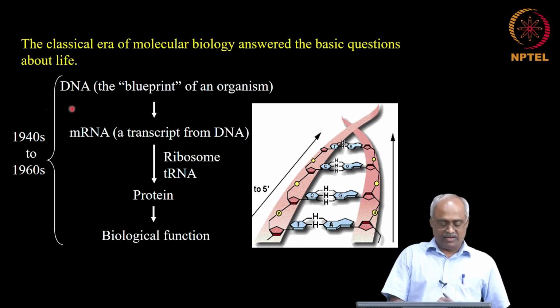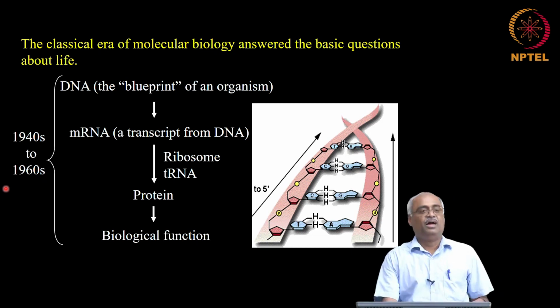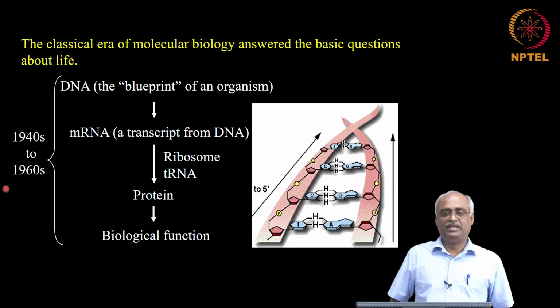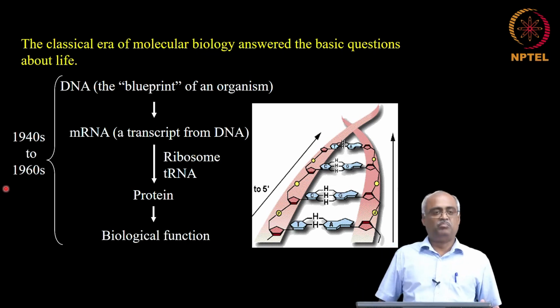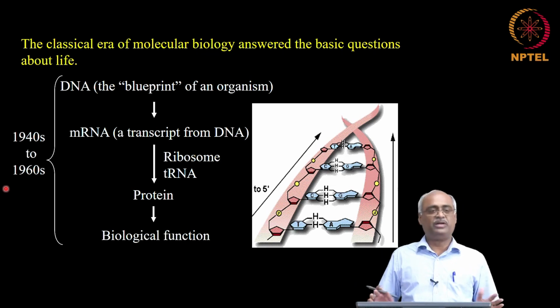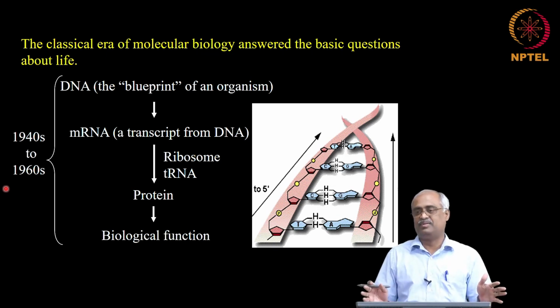This classical era of molecular biology answered some of the central questions, like what is the genetic material? We know it is the DNA, and we know how that gets copied for replication, and then that information is copied into mRNA and then translated into protein, and proteins do the function. So this is largely answering biology at the cellular level quite satisfactorily, and that is why it is called the golden era or classical era.